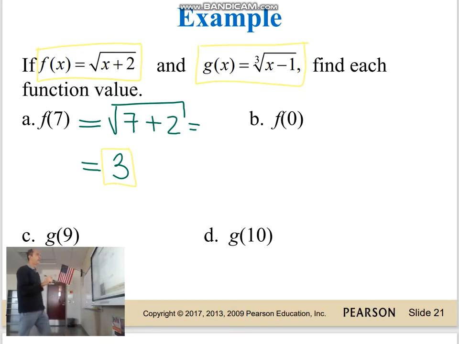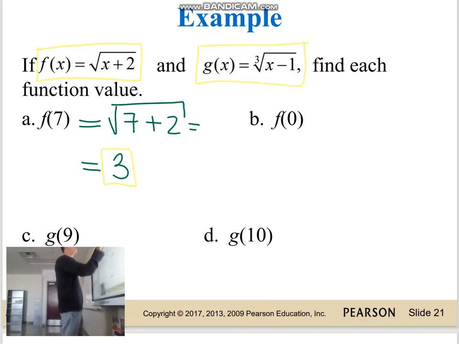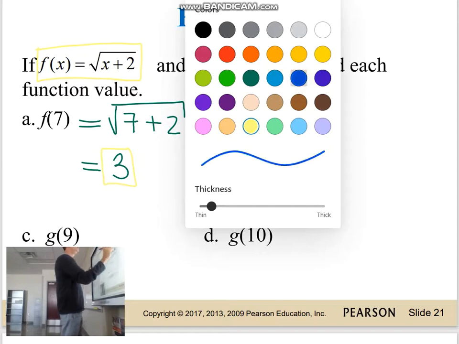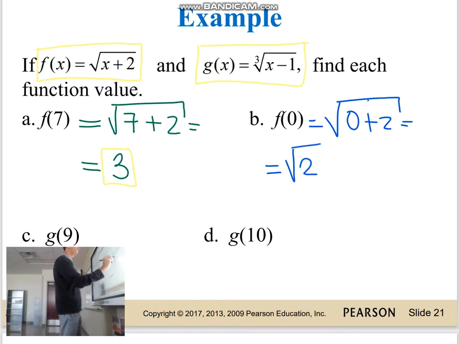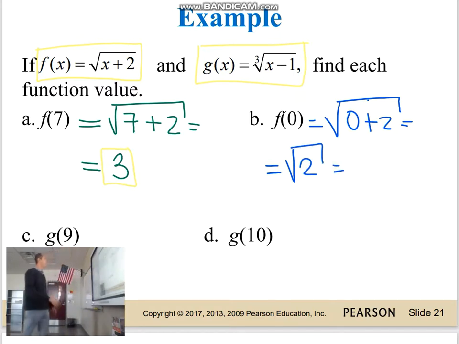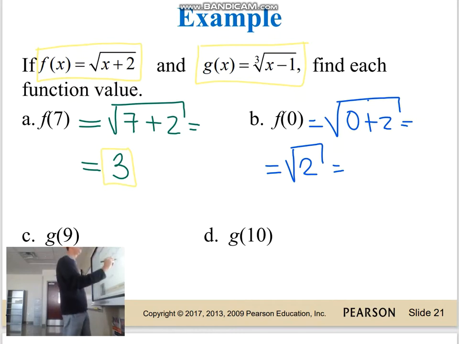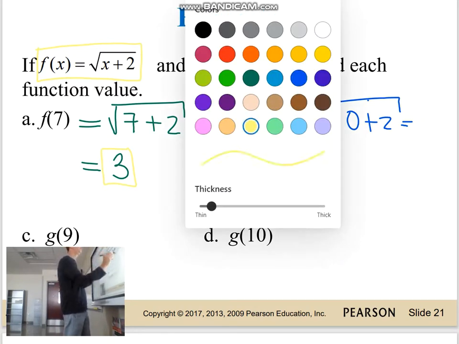Now letter B, f of 0, and we will work here with x equals 0 plus 2, which is equal to the square root of 2. And the square root of 2 we can approximate, but this just represents the square root of 2. You don't need to calculate, just represent the square root of 2.